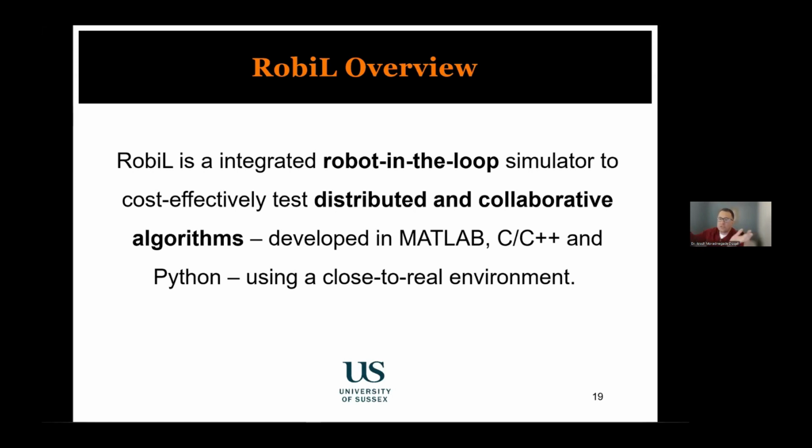When you have multiple robots, multiple cars, and your algorithm should run on multiple of them, it's very expensive to test your algorithm in reality. Then the question is whether we can use scaled-down robots, for example in the case of cars, to do the middle test of such algorithms in a very cost-effective way.